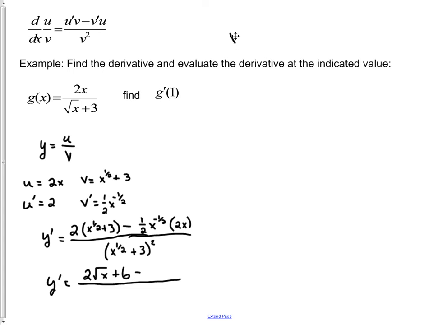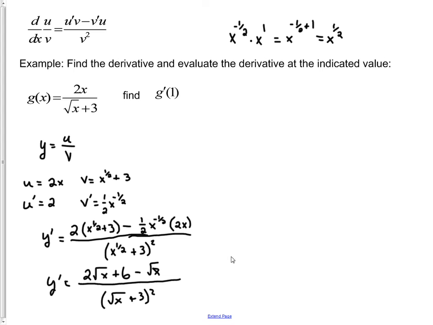Don't forget, if we take x to the negative 1/2 and multiply that by x, that's x to the first, we add the exponents, so we get negative 1/2 plus 1. So that's just positive 1/2. Well, x to the positive 1/2 is the square root of x. So we're subtracting from this the square root of x. And all of this is over the square root of x plus 3 quantity squared.